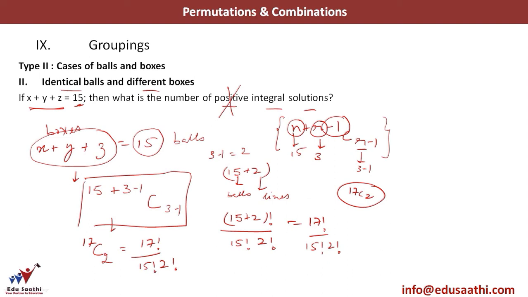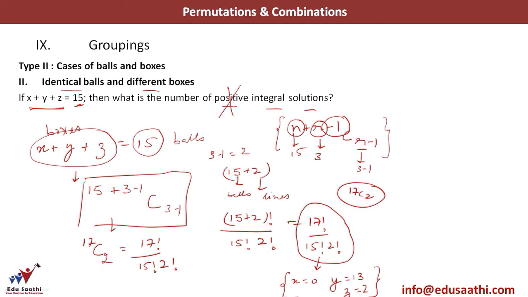Now mind you, this 17 factorial by 15 factorial by 2 factorial will give you cases like x is 0, or in other words, box number 1 has no balls, and let's say y is 13 and z is 2. This case is also covered in this 17 factorial divided by 15 factorial divided by 2 factorial.